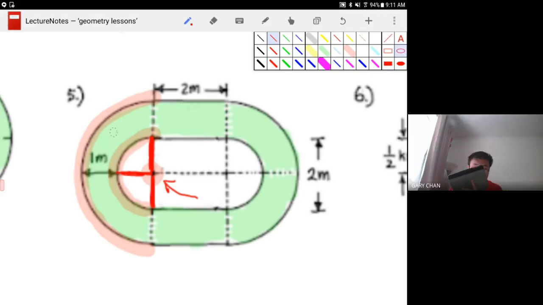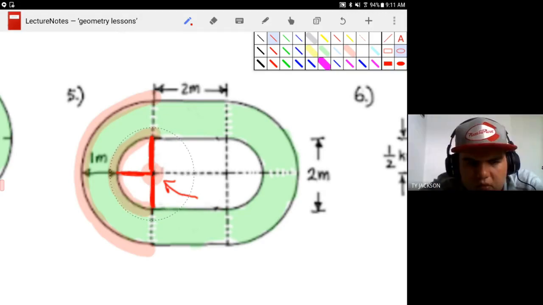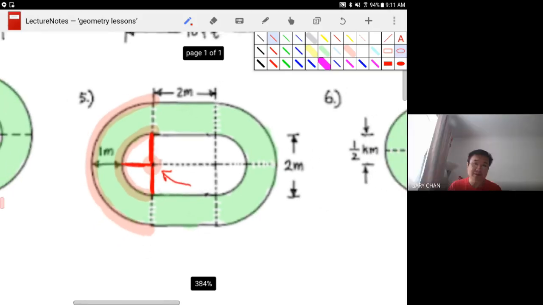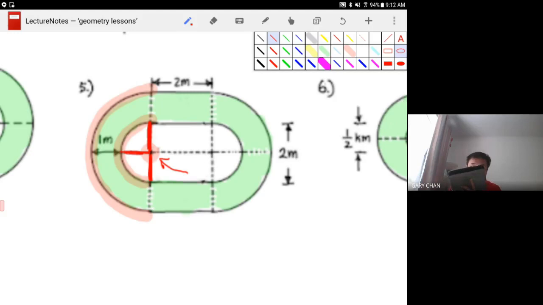Guys, do you see this? That this is actually part of a full circle. So that point that I was pointing at, what is that known as? Starts with the letter C. Centroid. Center. Close enough. It's the center.